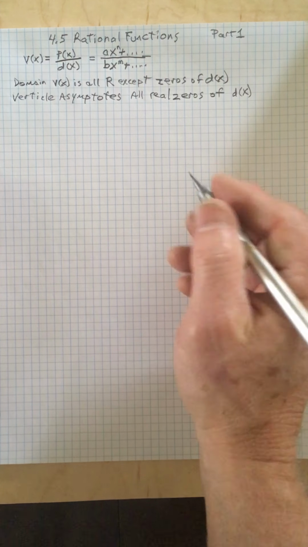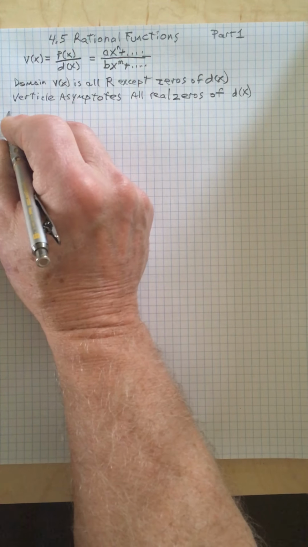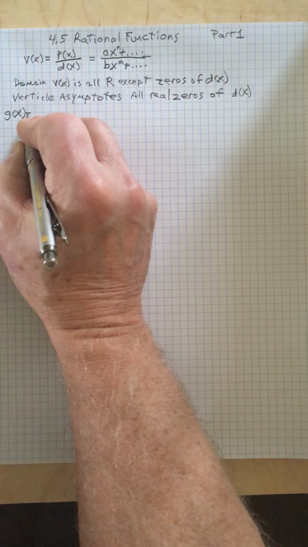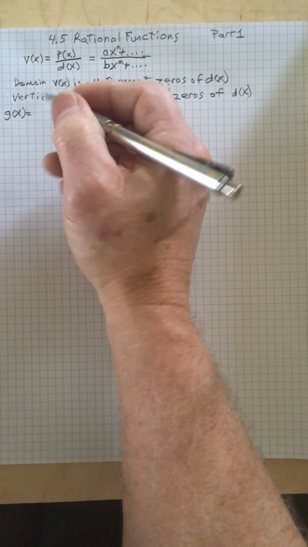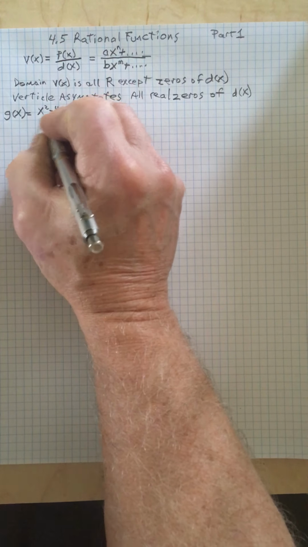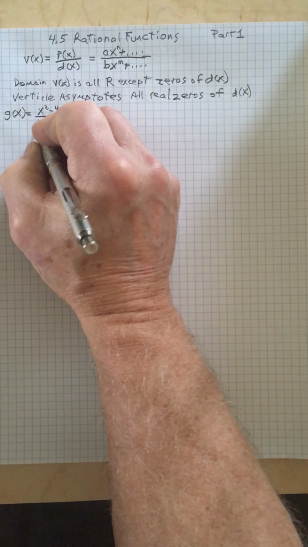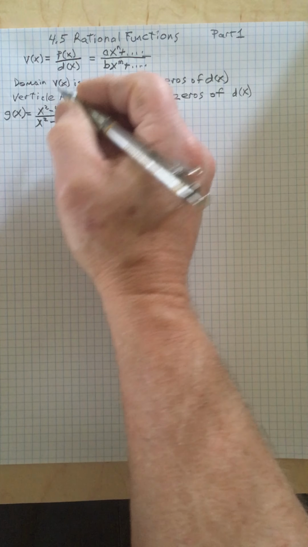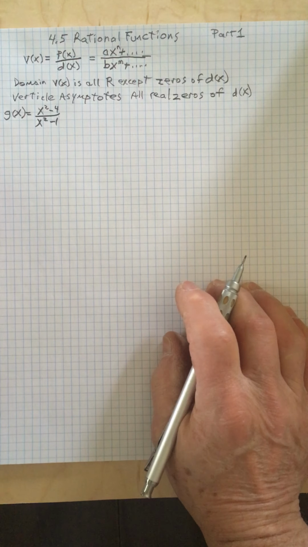Okay, so just a real quick example. There's plenty in the book, but let's do one here. Let's suppose we have this rational function. It looks like this: x squared minus 4 over x squared minus 1.